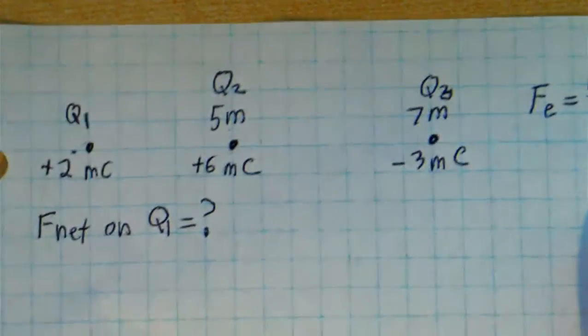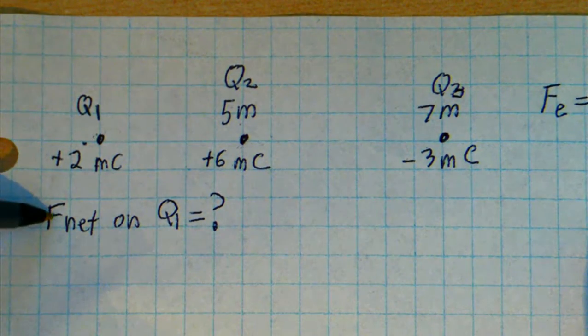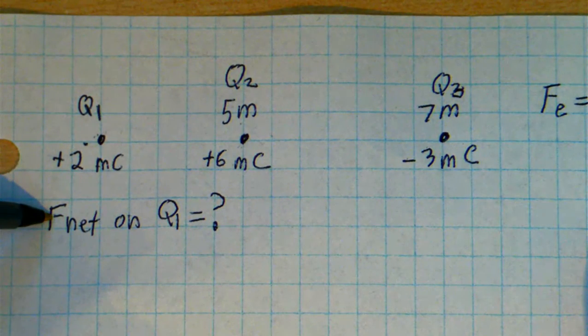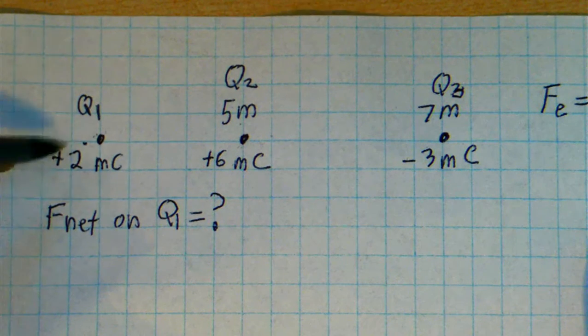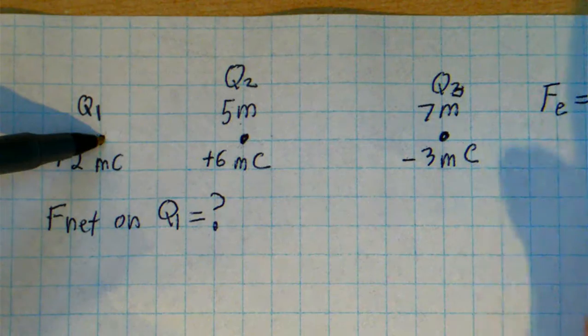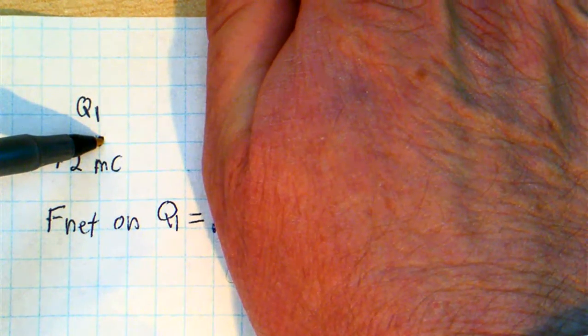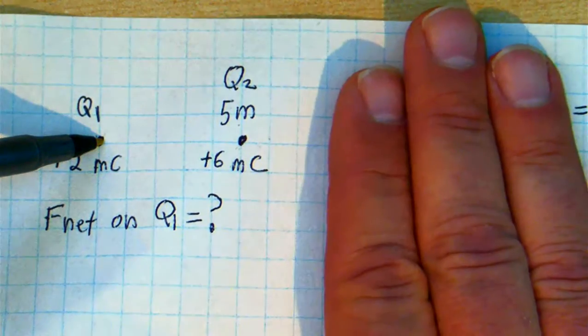So as you look at this problem that has three charges in it, first identify which one is the one that we're working on, and that's going to be, in this example, Q1, the one on the left. The process is you shut off all the other charges, pretend they're not there, and then one by one turn on those charges.